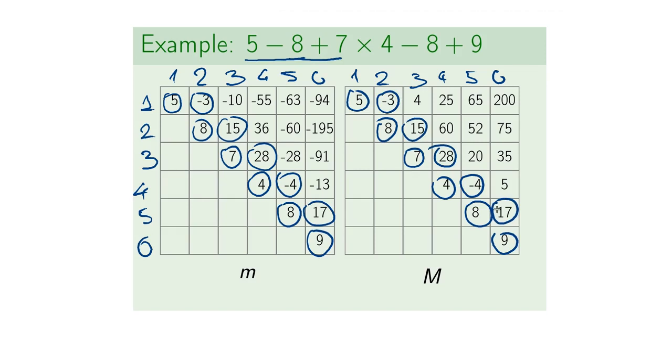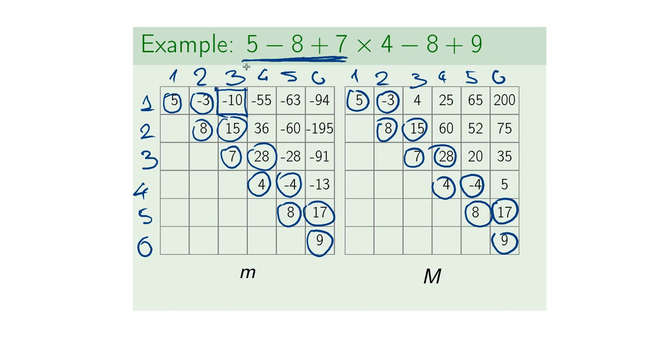And then we proceed to the third diagonal, namely to this cell. This corresponds to the sub-expression 1, 3, which consists of 3 digits and two operations, minus and plus. So we know that one of them is the last operation in an optimal order when computing the minimum value, for example. So assume that this is minus.